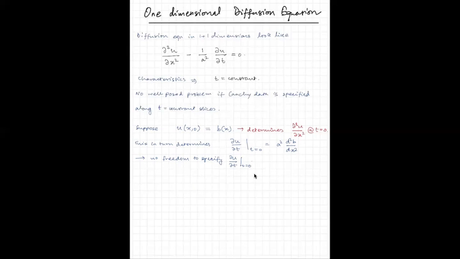Now let us consider an example that will show us to what extent a single boundary condition, an initial condition, can determine the solution completely.